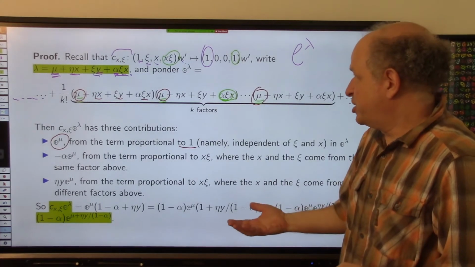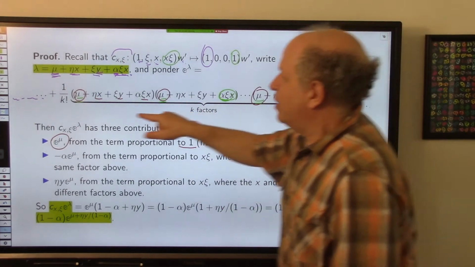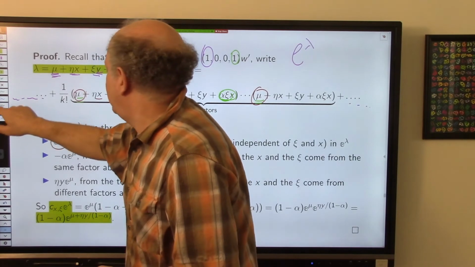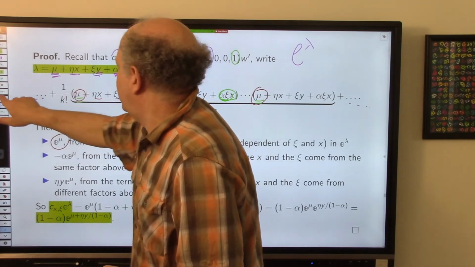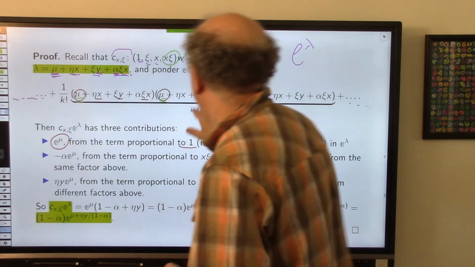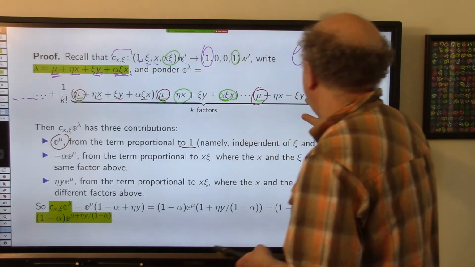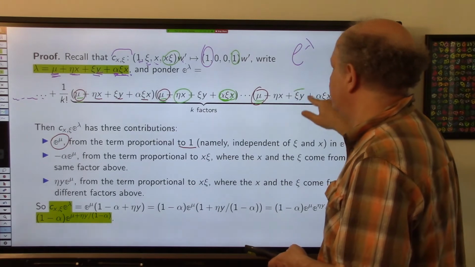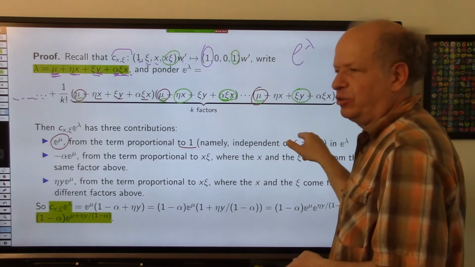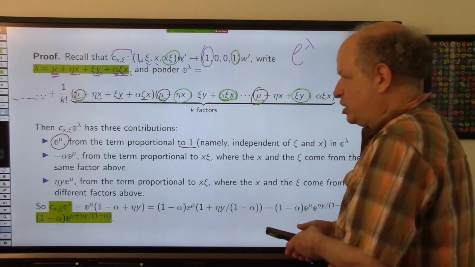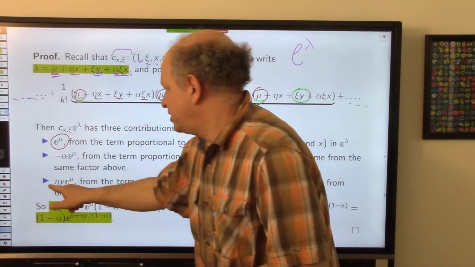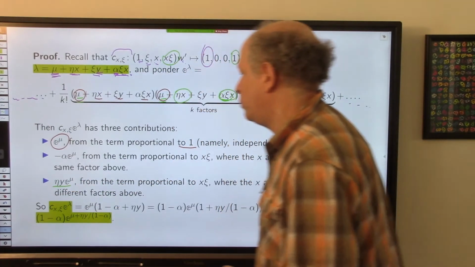And then the last possibility is that the x term will come from one factor, and the xi term will come from another factor. And you can check that this contribution adds up to eta y e to the mu.